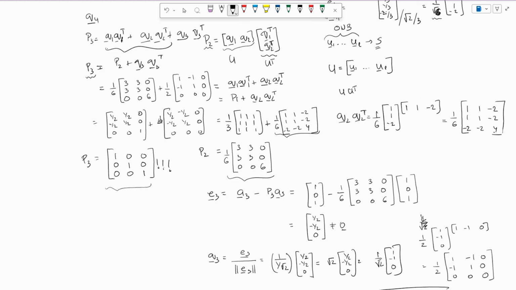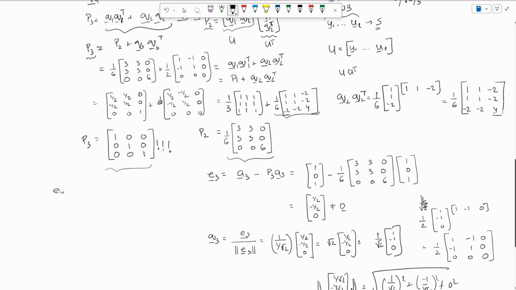It essentially means it's the same vector. The orthogonal projection operation is trivial. Okay, so what does it tell me about E4? E4 is A4 minus P3 A4.